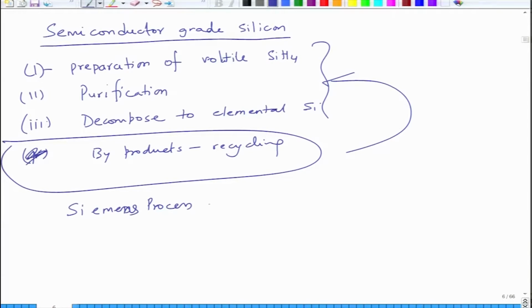So, the Siemens process is the first process that is used to make silicon, and then we have the Union Carbide process.